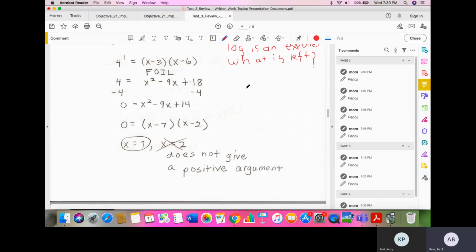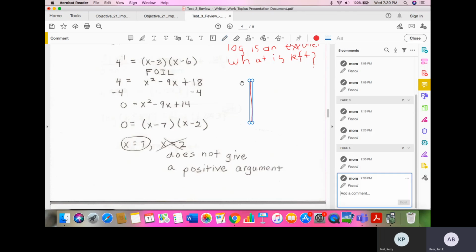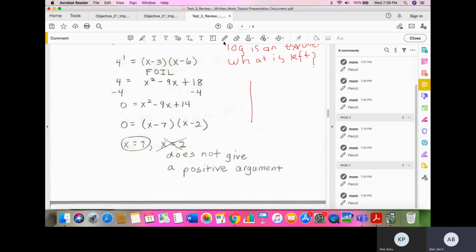So we're looking for two numbers that multiply to give us 1 times 14, and add to give us this -9.